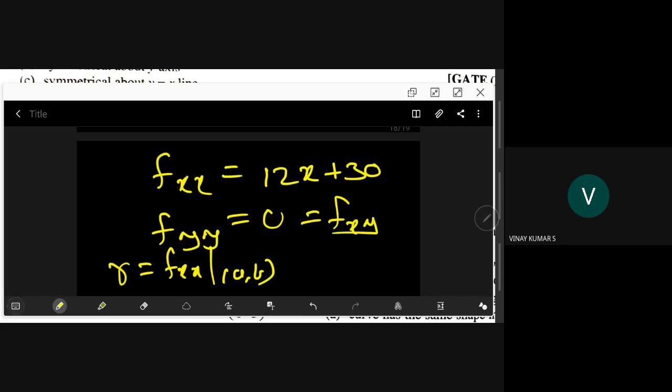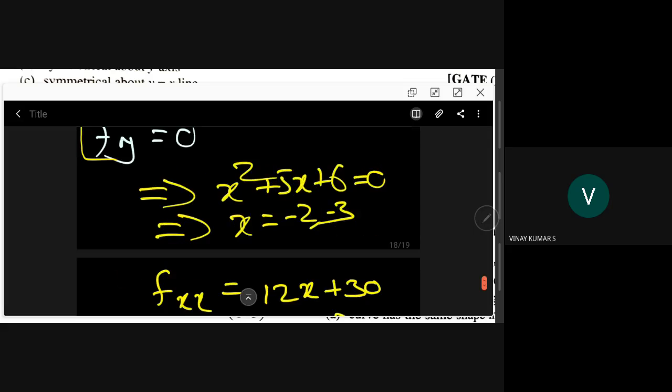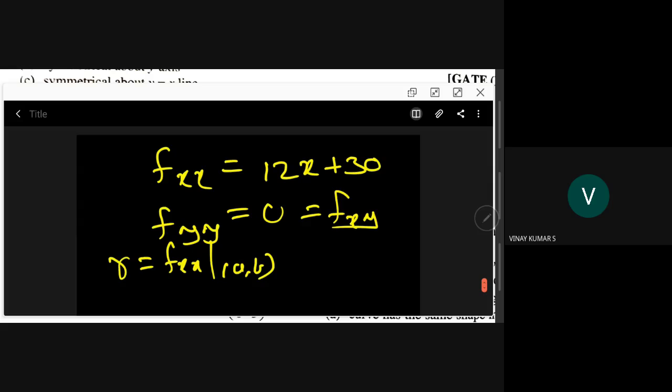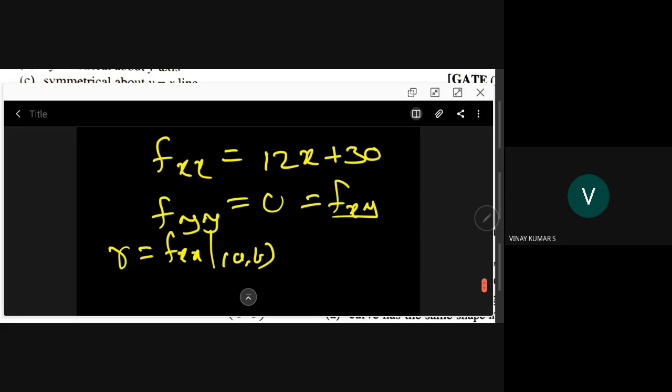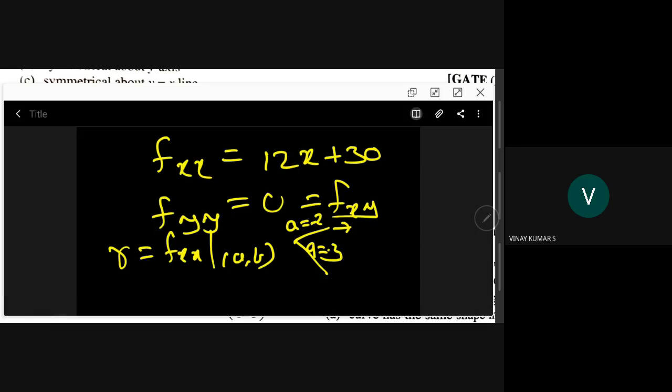I told you y is anything, but the choice for a is only minus 2 and minus 3. If you take minus 2, it gives 6, positive. If a is minus 2, then what is happening here?